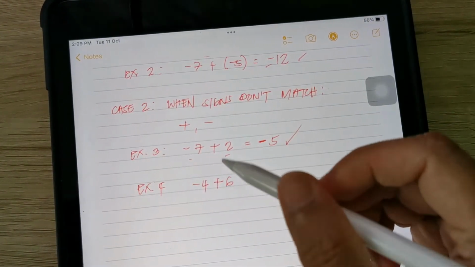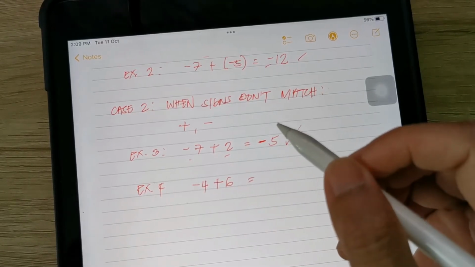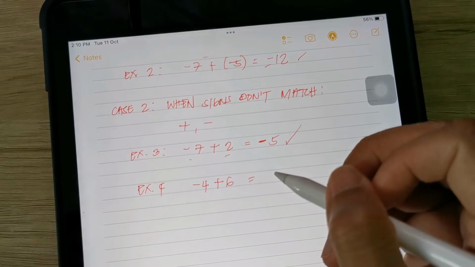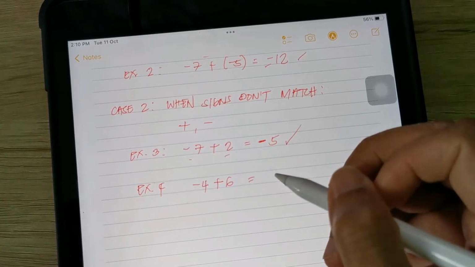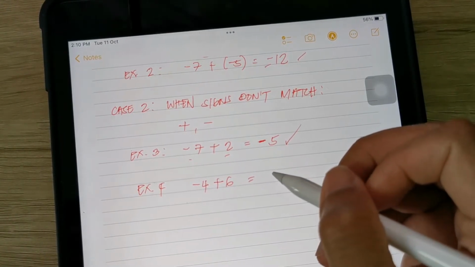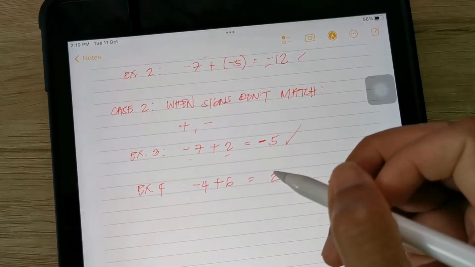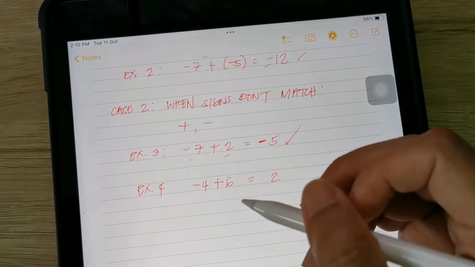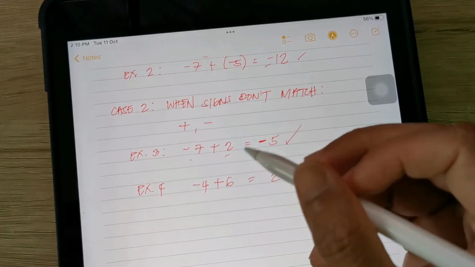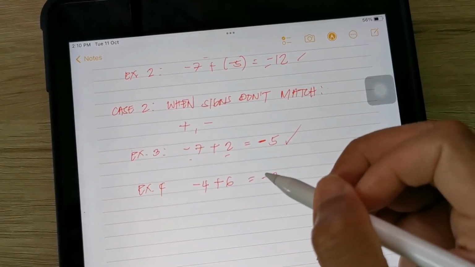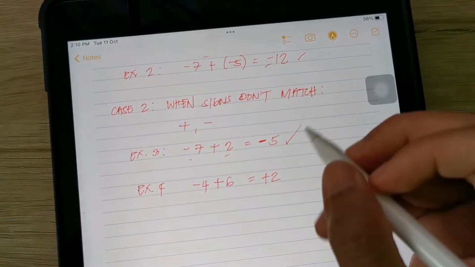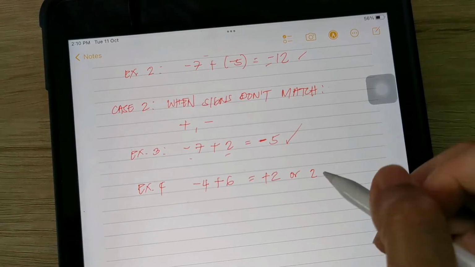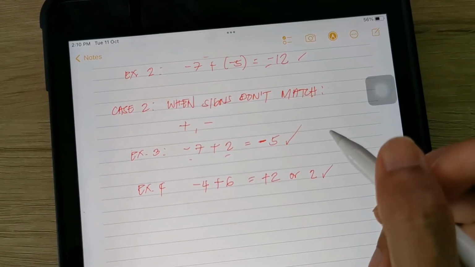Since hindi sila magkapareho, subtract natin sila. 6 minus 4 is 2, right? And since mas malaki yung 6 sa 4 and yung sign ng 6 is positive, ang sagot natin is positive 2 or just 2. So understood naman na yun na positive.